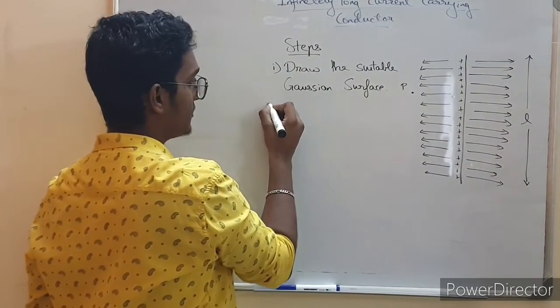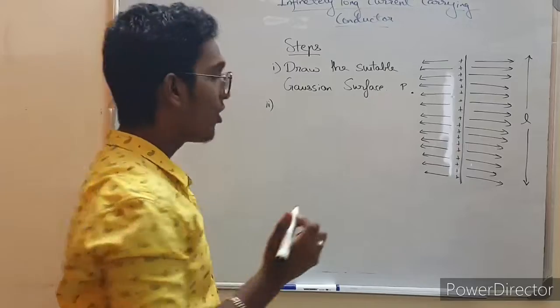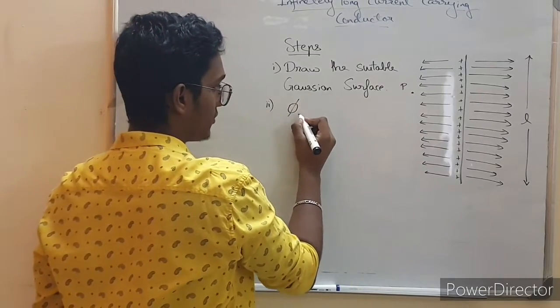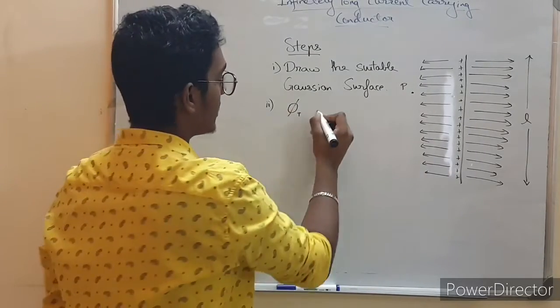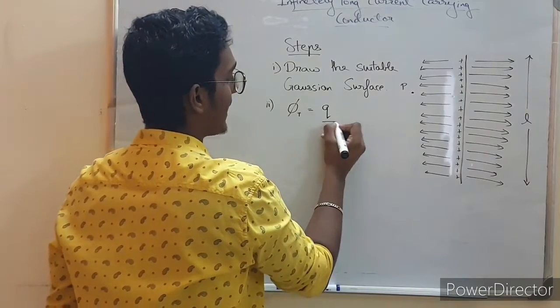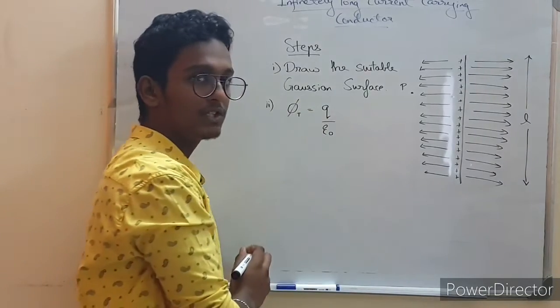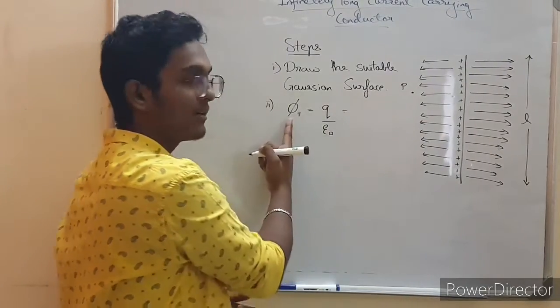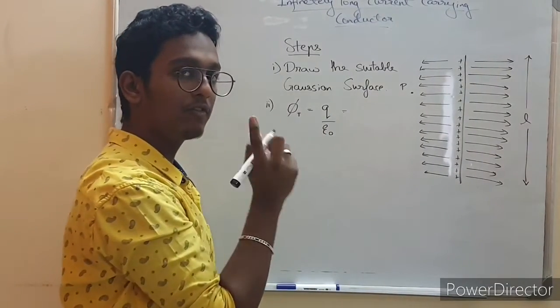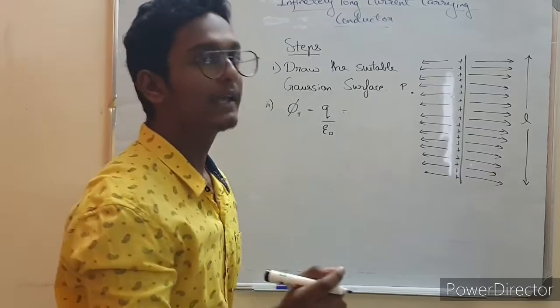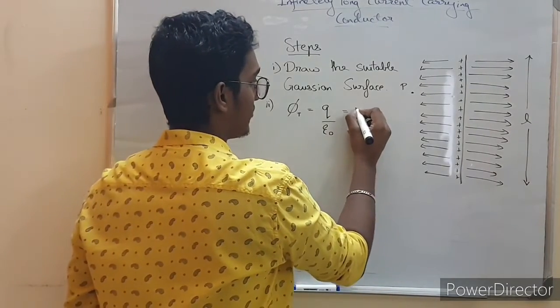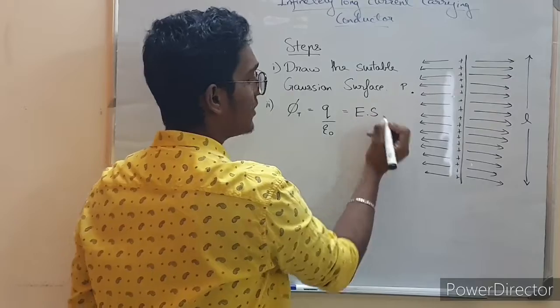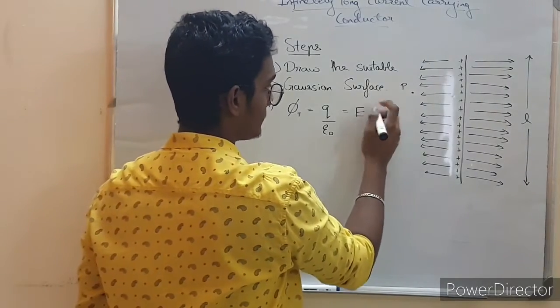So draw the Gaussian surface, and second, use the formula: total flux equals Q by epsilon naught, where Q is the charge enclosed. This is the formula for Gauss's theorem. But we also know from the second video that flux is the electric field times the area vector, so E dot S, or ES cos theta.